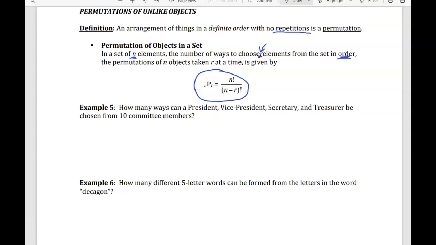So we're going to divide by the (n minus r) factorial. Now, n always has to be larger than r. So the first number always is larger than your r.